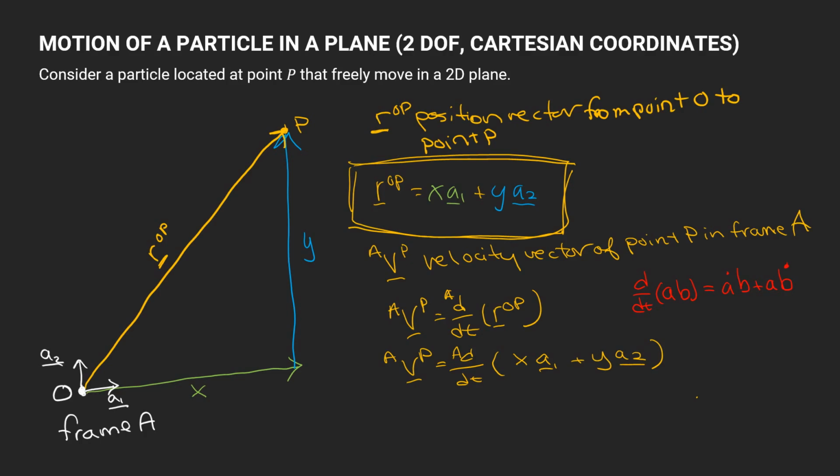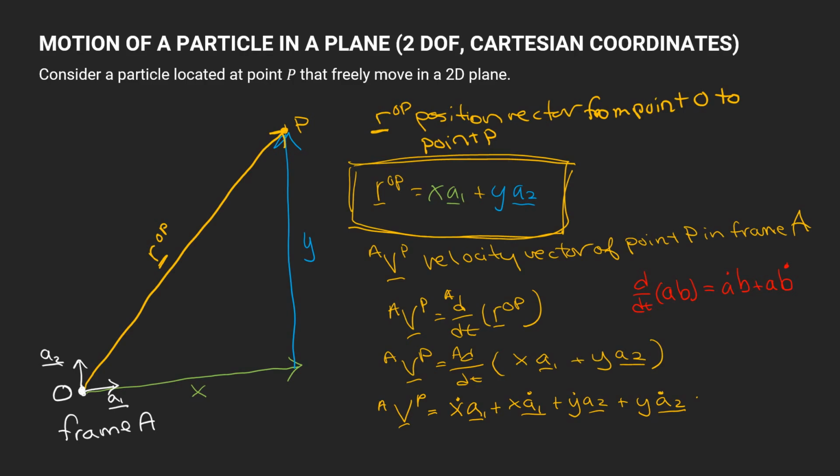And so with that in mind, we can write out this derivative as the time derivative of x times a1 plus x times the time derivative of a1. And now we move to the second term here, which would be the time derivative of y times a2 plus y times the time derivative of a2.